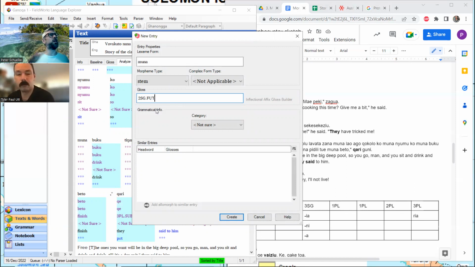Pretty cool. We're calling this future, but we don't know for sure it's a future tense. It might be some sort of aspect for incompleted, something that hasn't happened yet. It should be hard for our English ears to know the difference. Two singular future. I'm going to leave it like that for now.